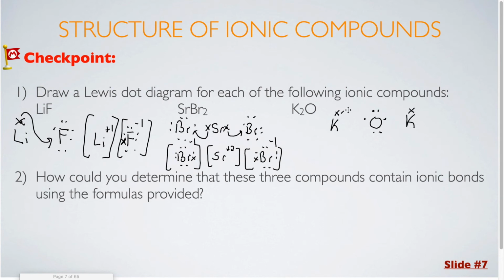So these electrons are going to be transferred over to the oxygen. That's going to end up with a -2 charge because it gained 2 electrons. Potassium is now going to form a +1 charge.